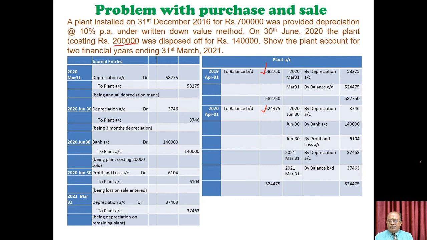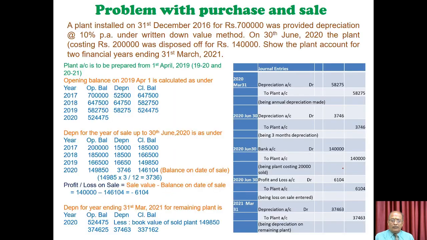For that we do three journal entries. One for depreciation, another for sale, another for loss. So in this slide, here we have 37,000 credited. So the remaining balance 3,30,162 will be the closing balance. Right? See, this is how. This is what we have seen already in this slide.